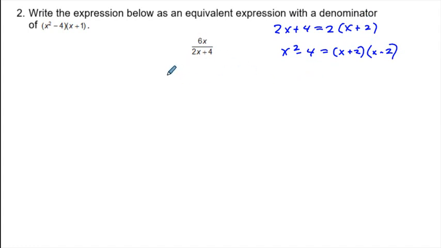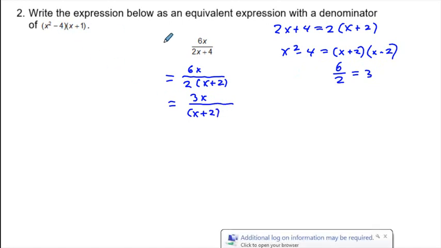So I'm going to rewrite this original expression as 6x over 2 times quantity x plus 2. And since 6 divided by 2 equals 3, we're going to be able to rewrite this as 3x over x plus 2.